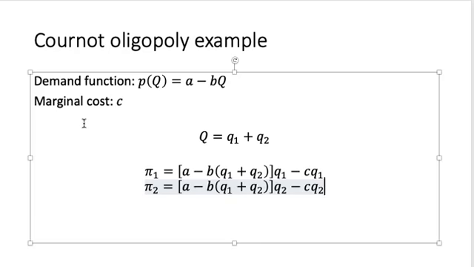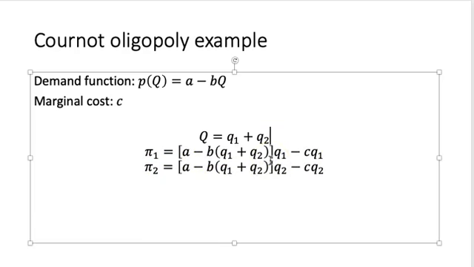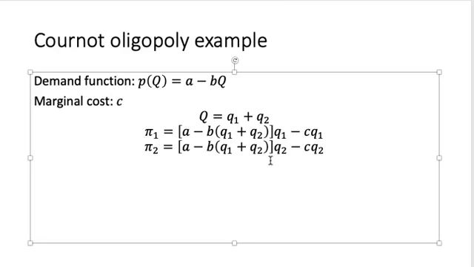So we'll derive the reaction functions for these two firms by choosing the optimal levels of Q1 and Q2 that will maximize their respective profits. It's going to be pretty straightforward. You just have to take the derivative with respect to Q1. Here we're going to use partial derivatives because you have two different quantities. So this is the partial of phi 1 with respect to the partial of Q1.